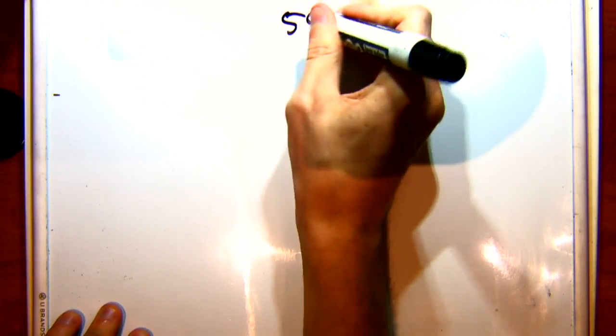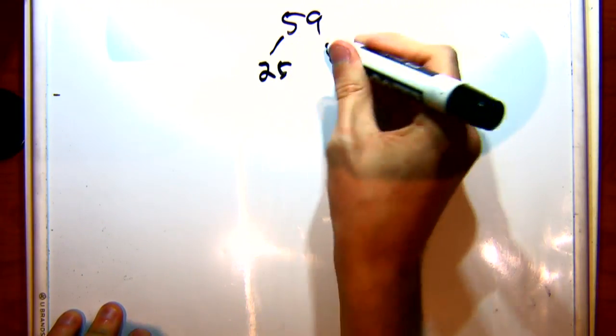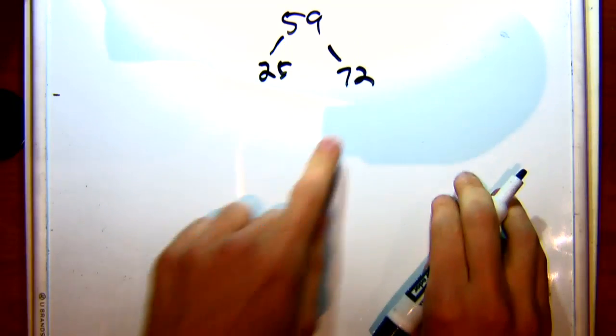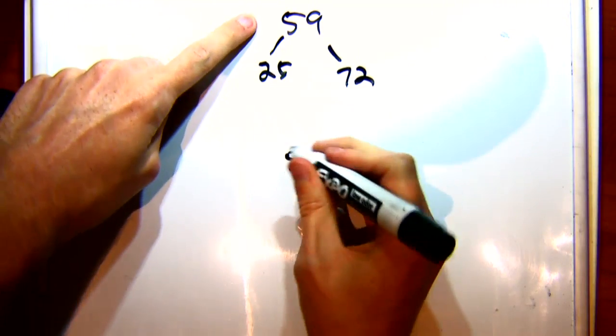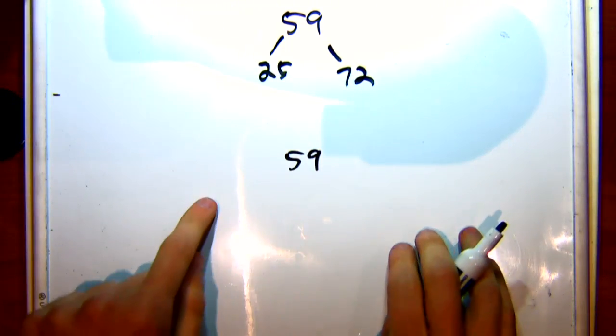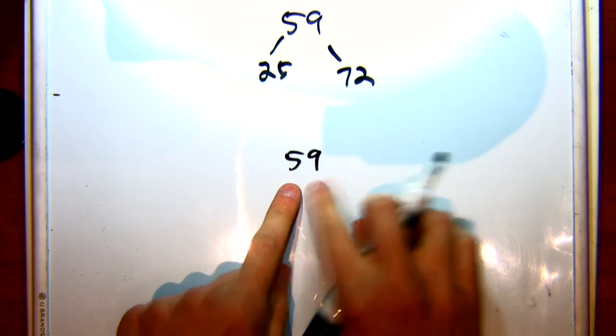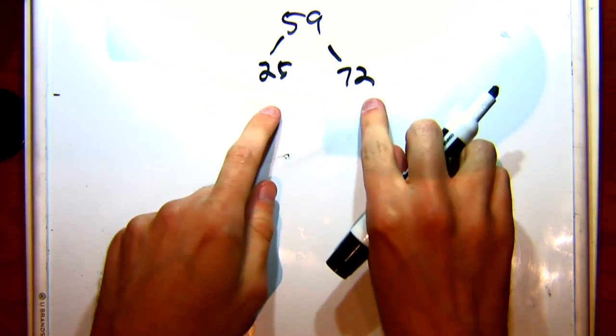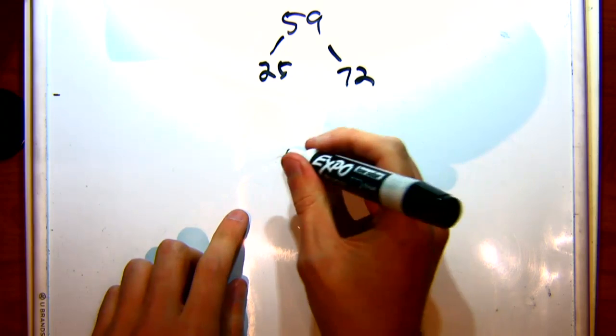Breadth first search. Does anybody know how to go through a binary search tree with breadth first search? With breadth first search, basically what you do is you add things onto the queue. So we would enqueue 59, and then dequeue it, and enqueue both of its children.